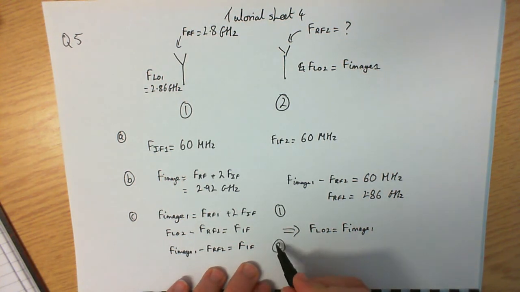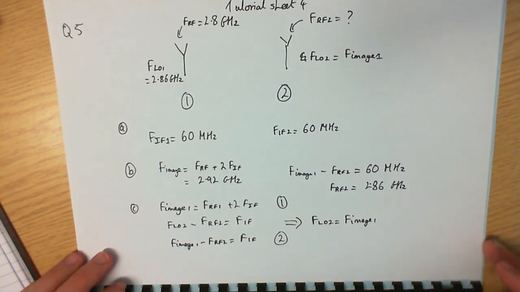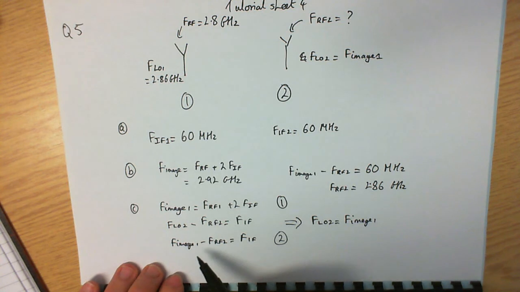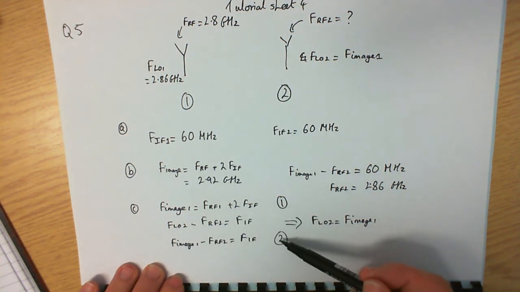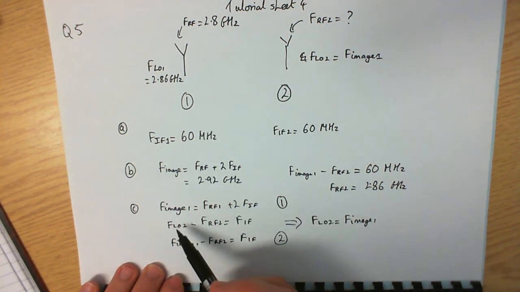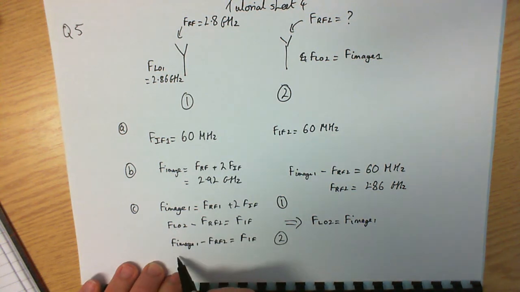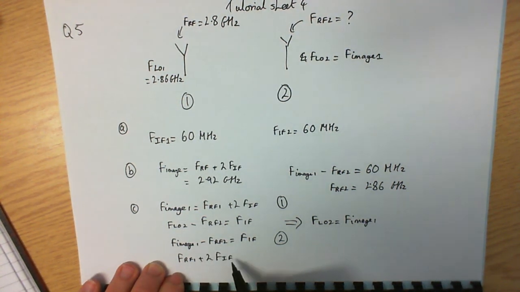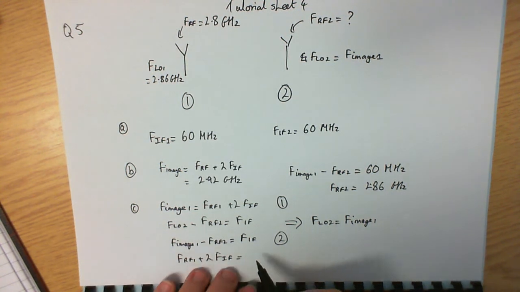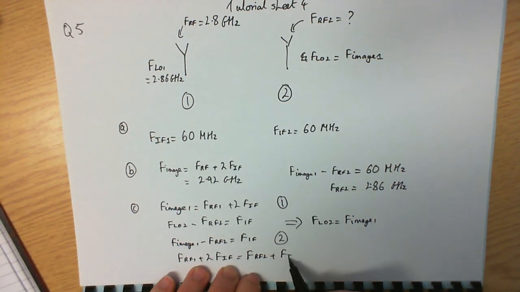So we've got now two useful equations, 1 and 2. If we substitute equation 2 into equation 1 and get rid of F image, we get that FRF1 plus 2 FIF has got to be equal to FRF2 plus FIF.